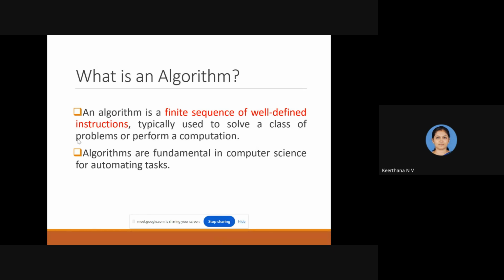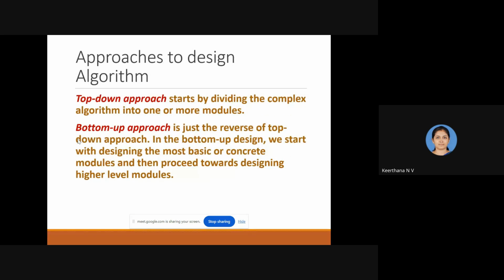So I have described what an algorithm is. These are the approaches in the algorithm. First one is the top-down approach, second one is the bottom-up approach. In the top-down approach, you will be dividing your problems into modules. It means that if you are writing code with functions, that is, class and object concepts, you will be writing the algorithm using a top-down approach.